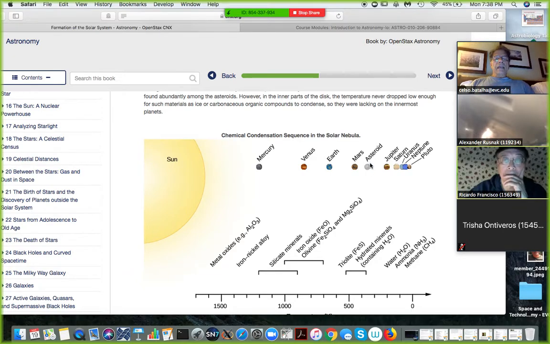So if you take the asteroids, Mars and its moons, Earth and its moon, Venus and Mercury, then you are talking about terrestrial objects. And as terrestrial objects, they are rocky type. They might have, like Earth, a liquid core, but this liquid core is not water, it's not methane, it's pretty much melted iron-nickel alloy.